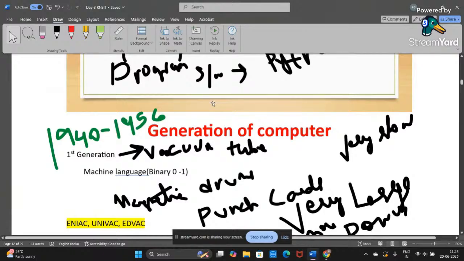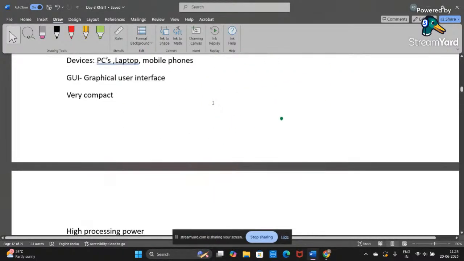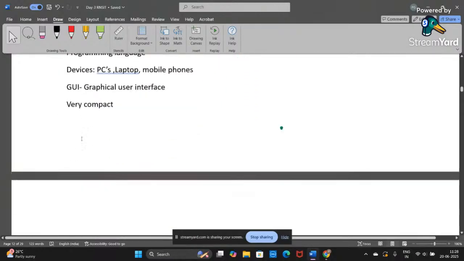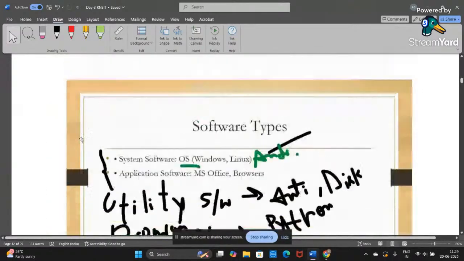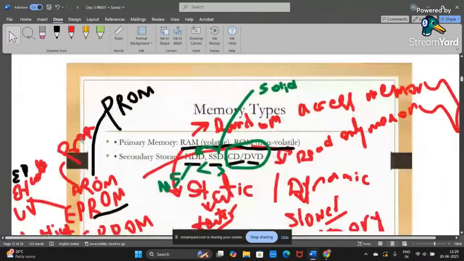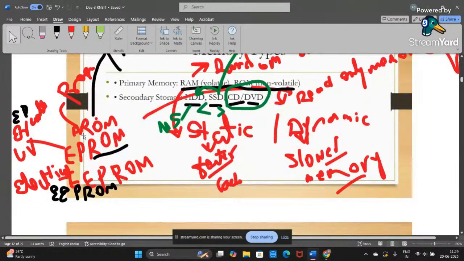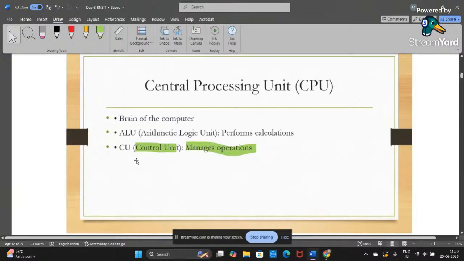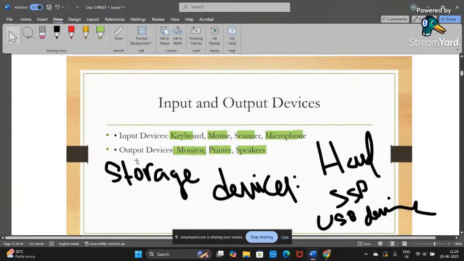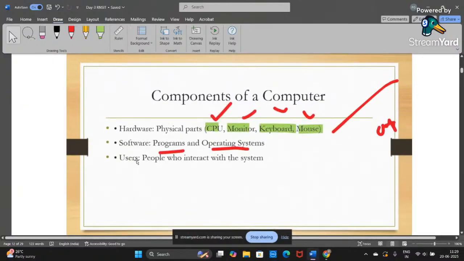We have seen the types of generation. There are 5 types of generation. We are in the fifth generation. Along with that, we are using fourth generation also. You have seen types of memory, and in that, how many types are there in RAM and ROM? We have seen that. What is CPU? It performs arithmetic logic unit, performs calculation. We have seen input and output devices, and the hardware and software of the computer.